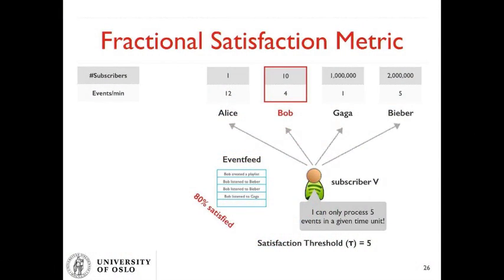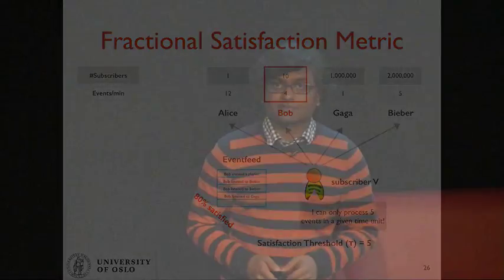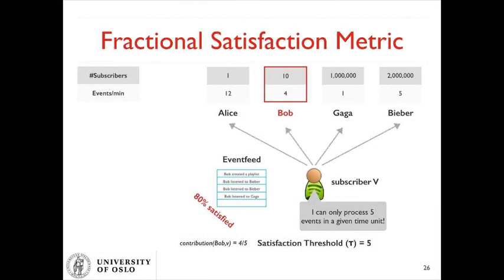The second type of satisfaction metric we defined was the fractional satisfaction metric, where instead of saying that a user is either satisfied or not, we give a relative value to the satisfaction. In this case, the user is 80% satisfied, even though it's not 100%.